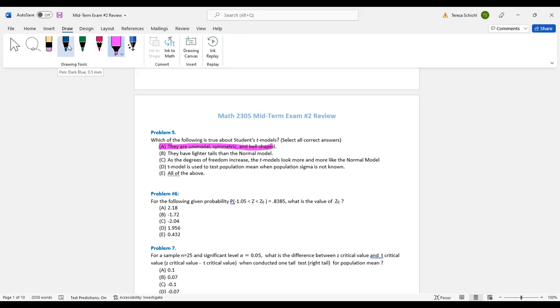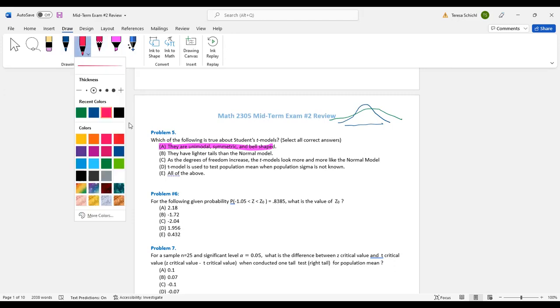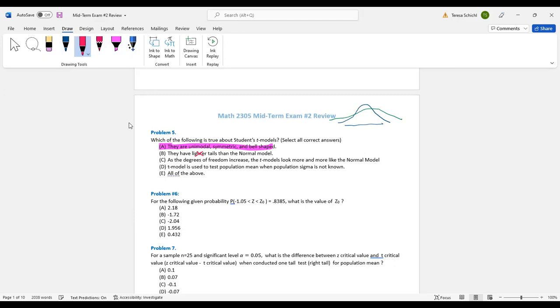Is this true? No. We know if this is normal, then the T distribution has heavier tails, right? So the light tails here is not true. The T distribution has heavier tails here.